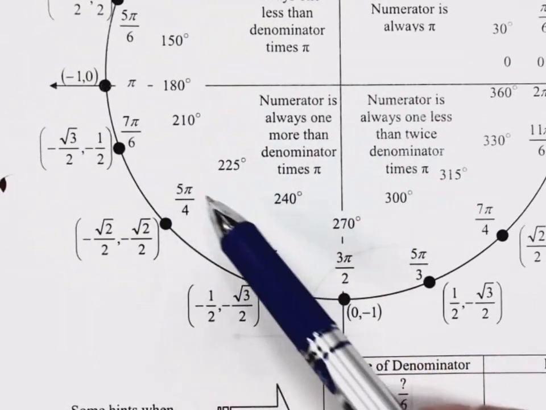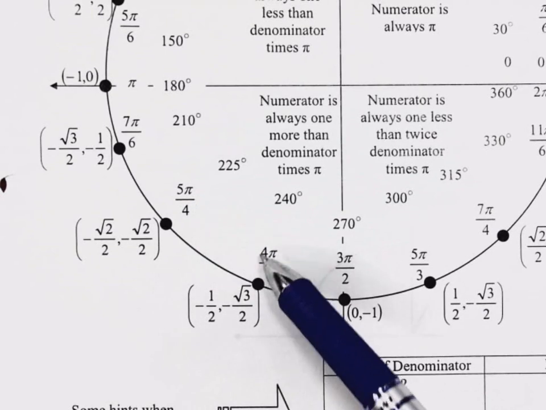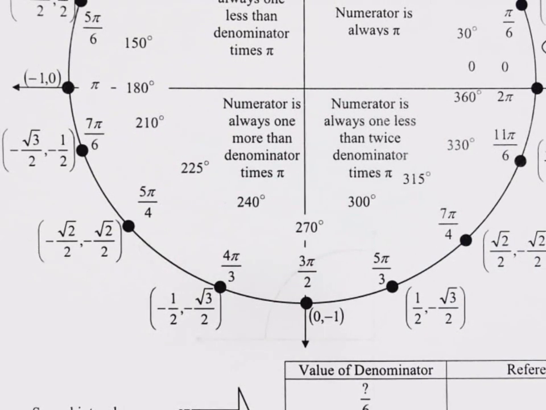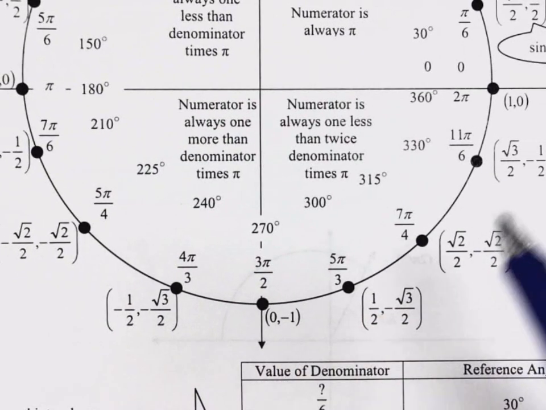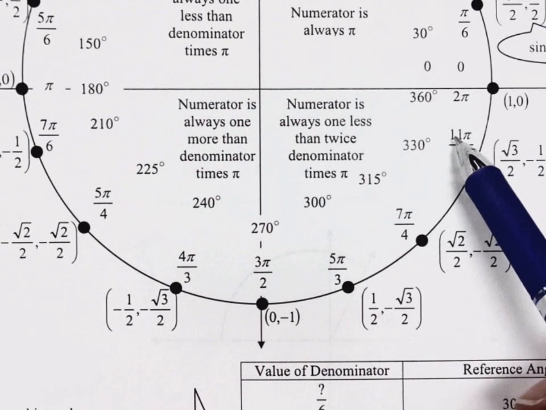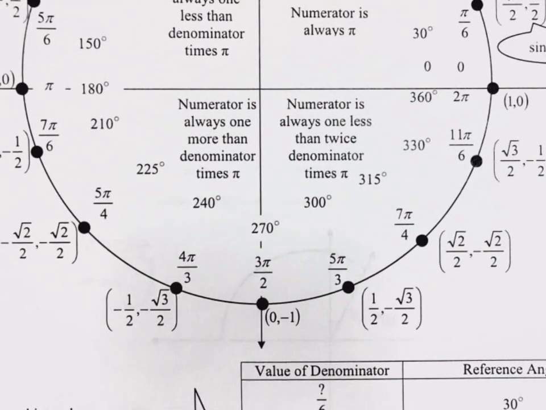So 7 pi over 6, 5 pi over 4, 4 pi over 3. And then in quadrant 4, the numerator is always 1 less than twice the denominator. So if my denominator is 6, 6 times 2 is 12, 1 less is 11. That makes sense, because if you add one more to the numerator, you'll get 2 pi. That's 2 times the denominator.